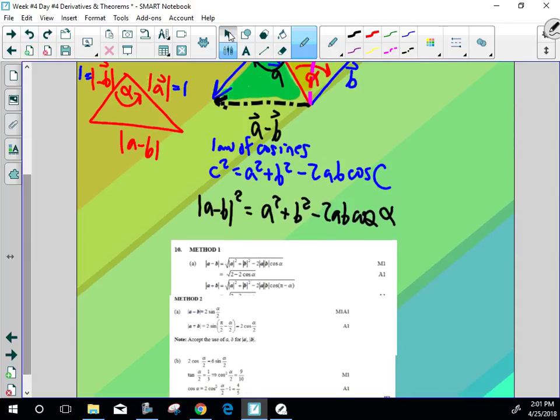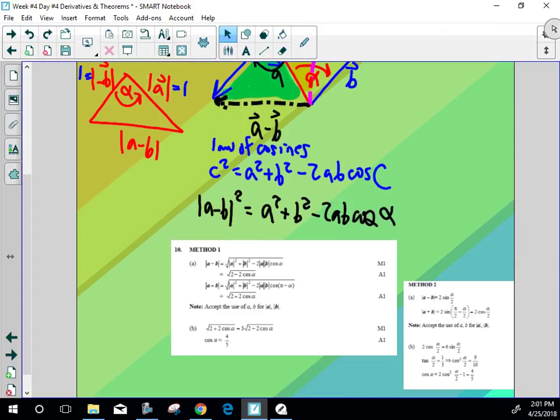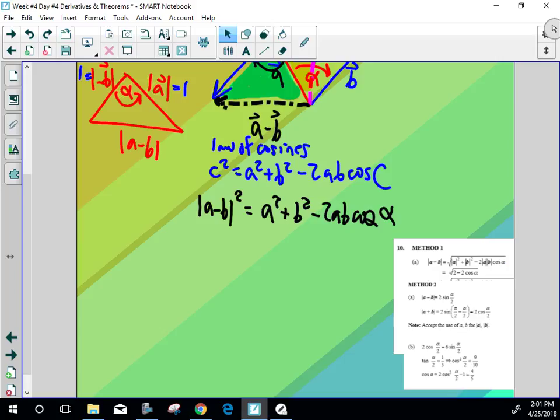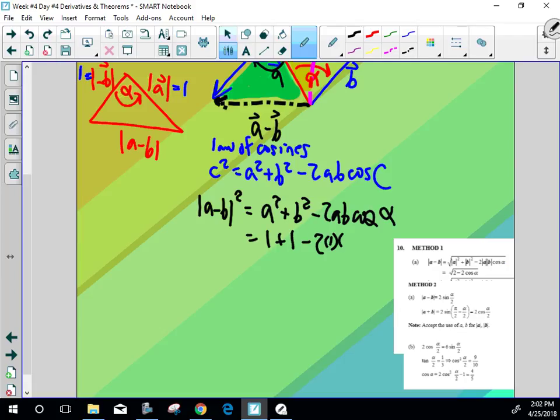How are you doing? Going okay? Now, we know that A has a length of 1. So this is going to be 1 plus 1 minus 2 times 1 times 1 times the cosine of alpha. Can you see where I get 2 minus 2 cosine alpha?